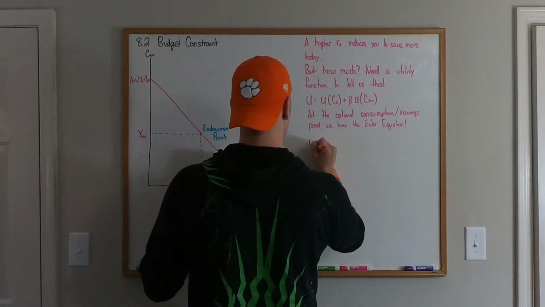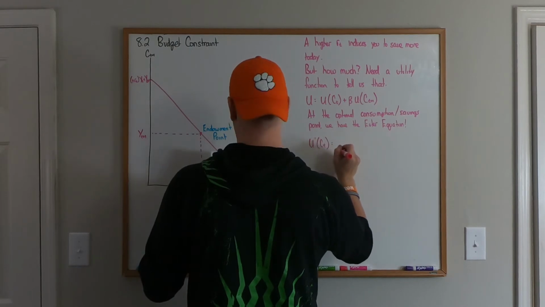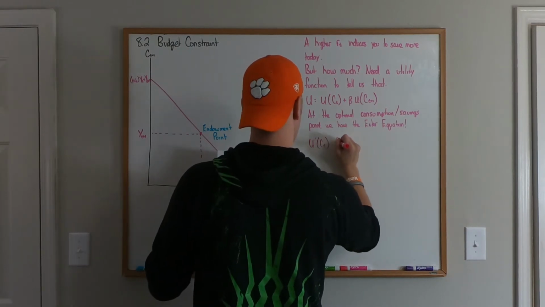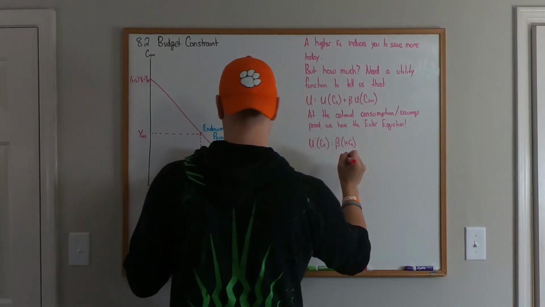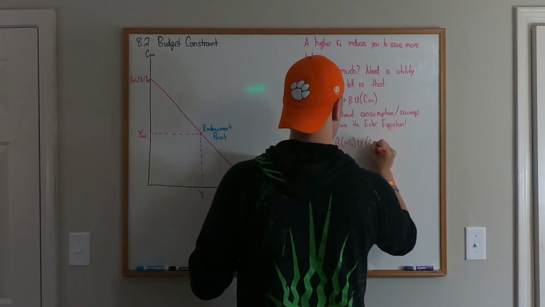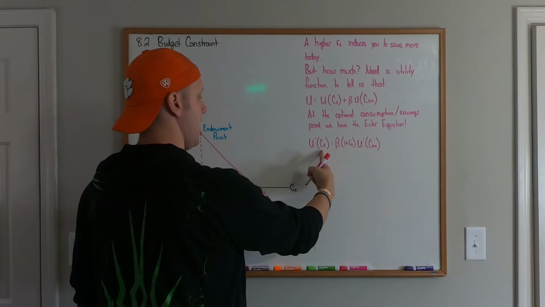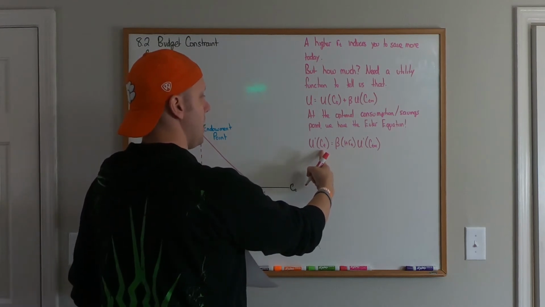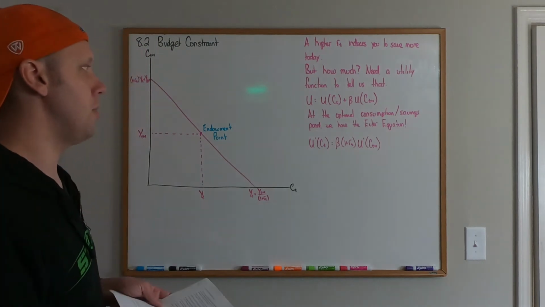What that told me was marginal utility of consumption today equals beta times 1 plus the interest rate times the marginal utility of consumption tomorrow. U prime of Ct is marginal utility of consumption today. U prime of Ct plus 1 is the marginal utility of consumption tomorrow.